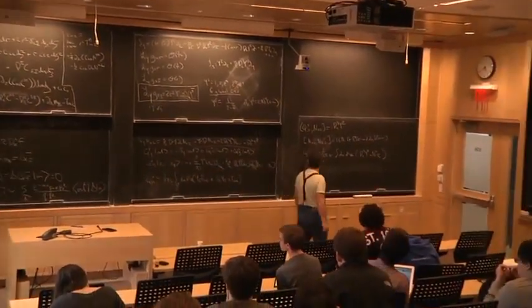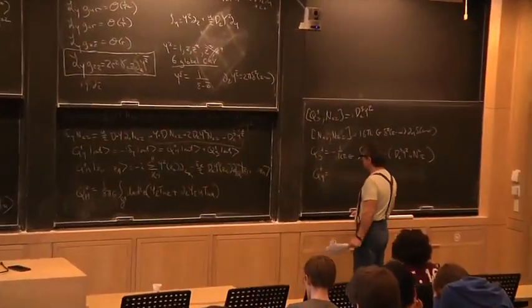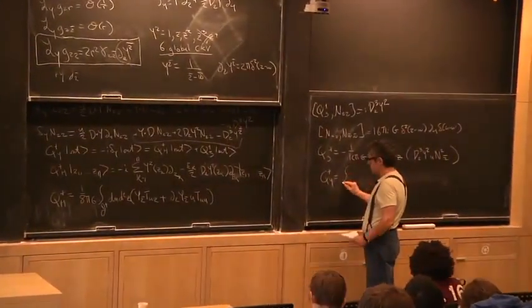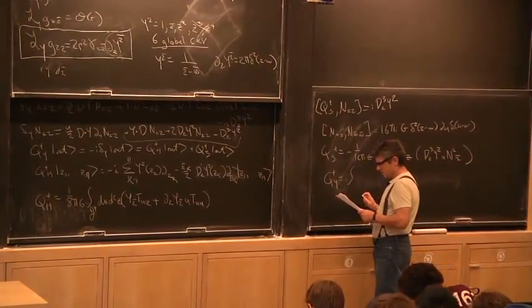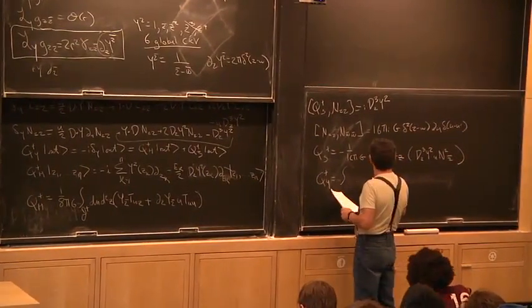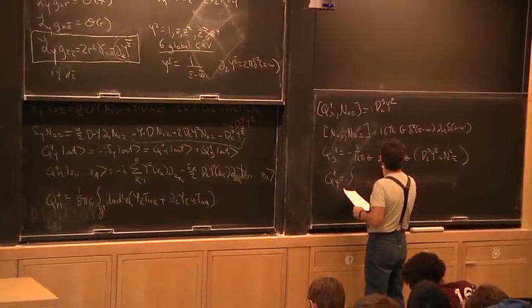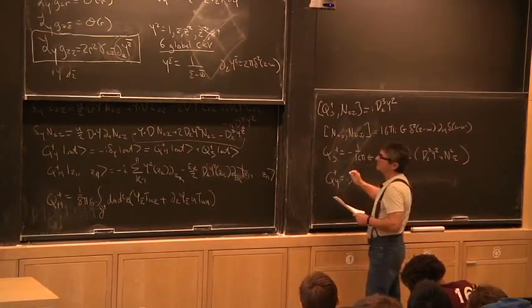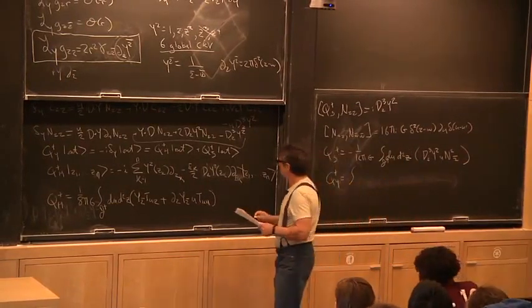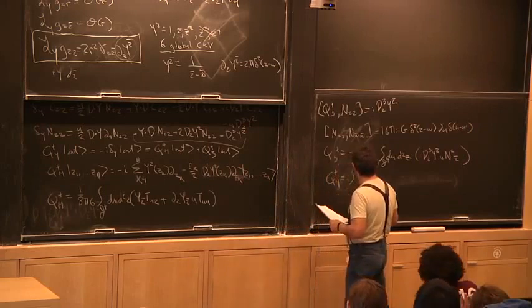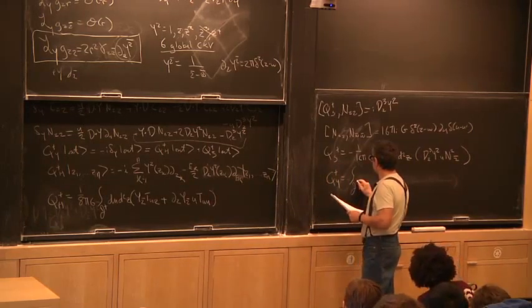Okay, so now let's look at the quantity q plus y, which we're going to take as an integral. All these integrals were over scribe plus. But now let's do an integral over scribe plus minus.